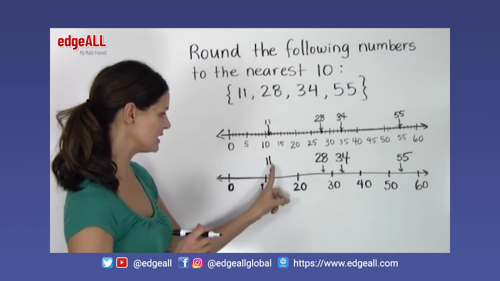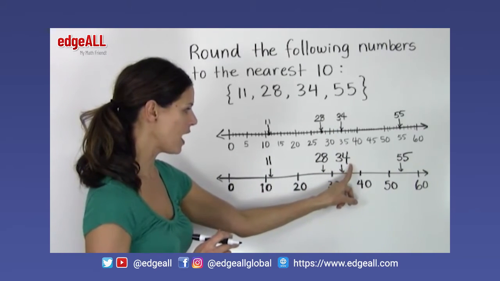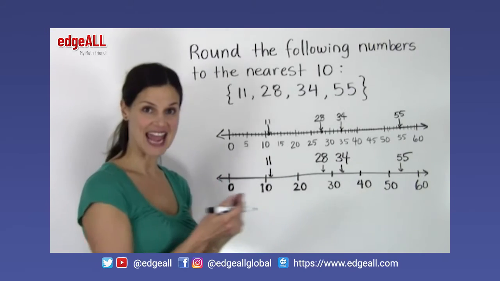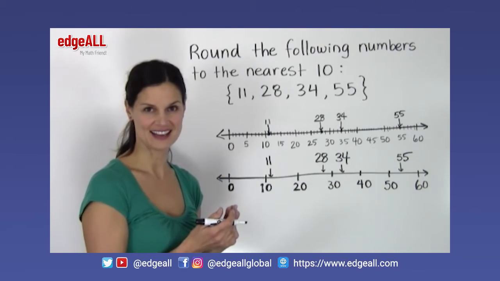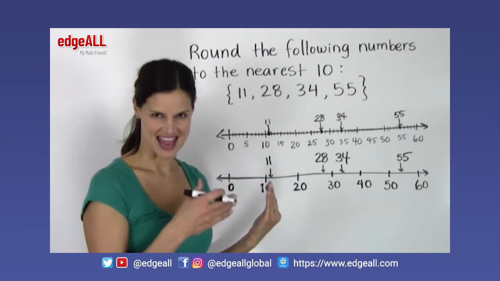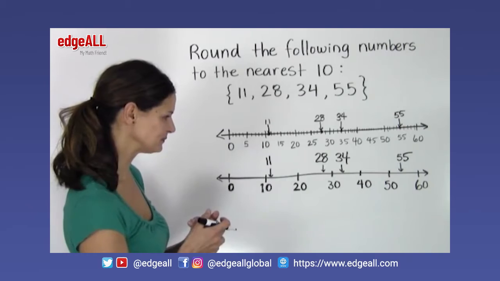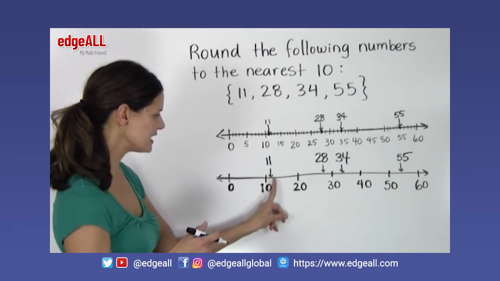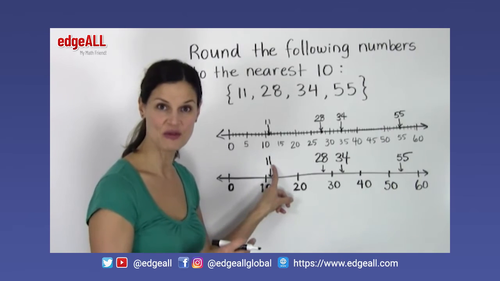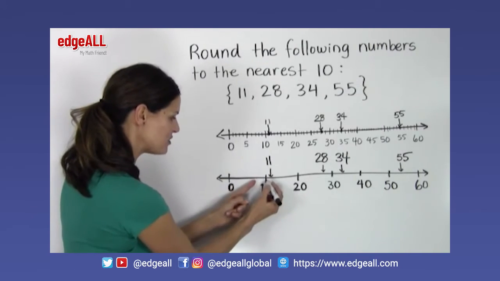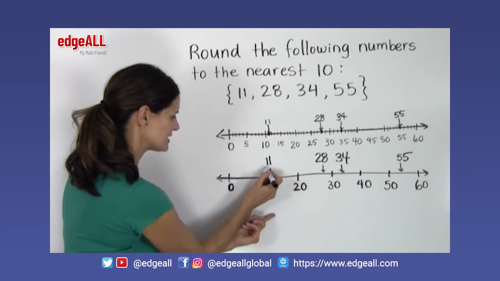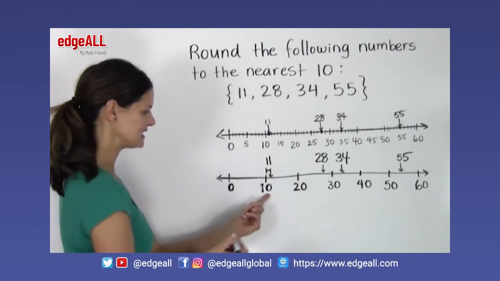If your number ends in a 1, 2, 3, or 4, you're going to slide it down. And if your number ends in a 0, it's already a multiple of 10, so it can stay right where it's at. On this 11, since it ends in a 1, I'm going to slide it down, and you can see that it's very close to the 10. So this 11 is going to slide down to this 10.